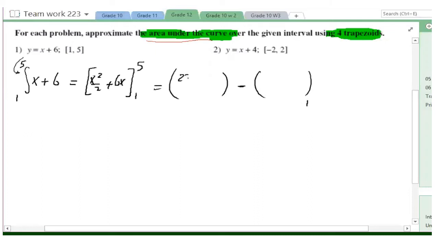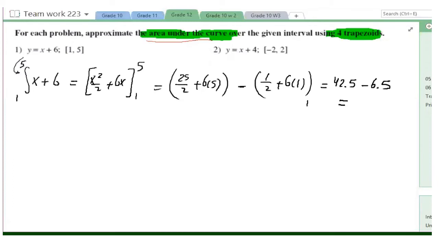So it's going to be 25 over 2 plus 6 times 5 minus, replacing x with 1, we have 1 over 2 plus 6 times 1, which is equal to 30 plus 12.5, which is 42.5, minus 6.5, which is equal to 36. So the exact value of the integration is 36.